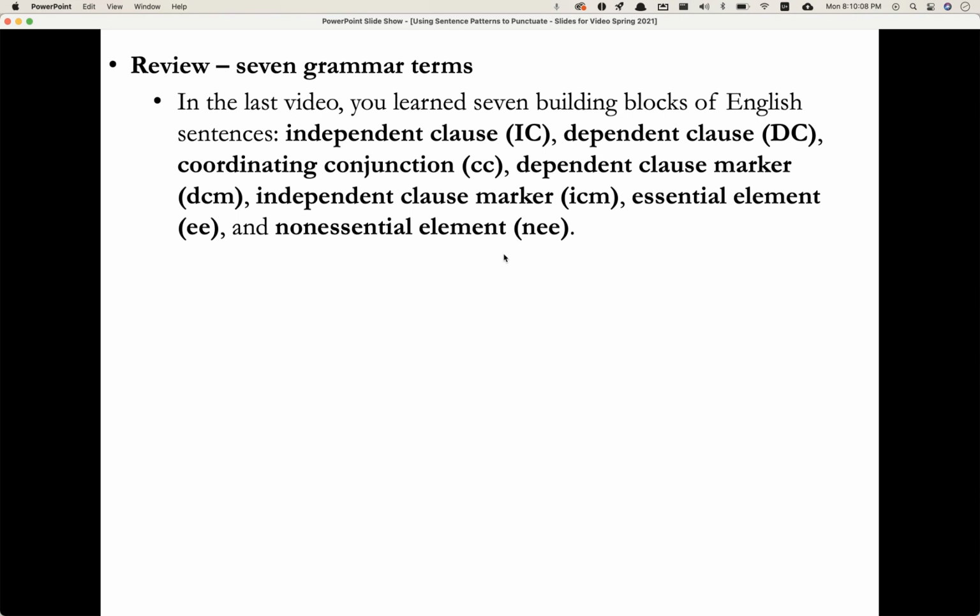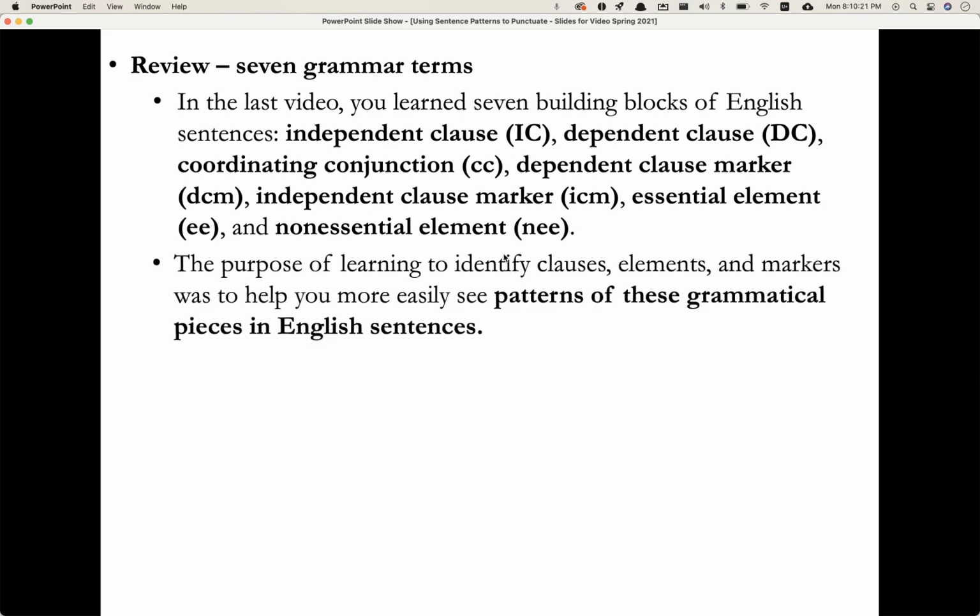So you learned the independent clause, dependent clause, coordinating conjunction, independent clause marker, dependent clause marker, essential element, and non-essential element.